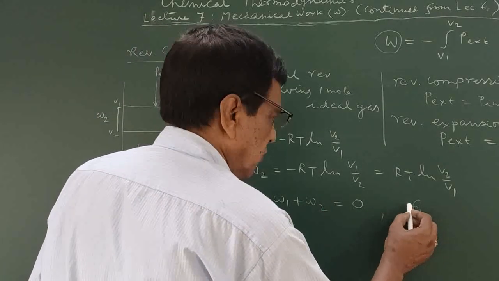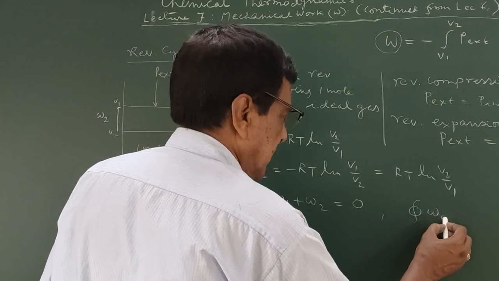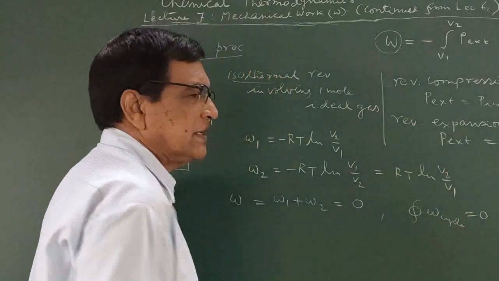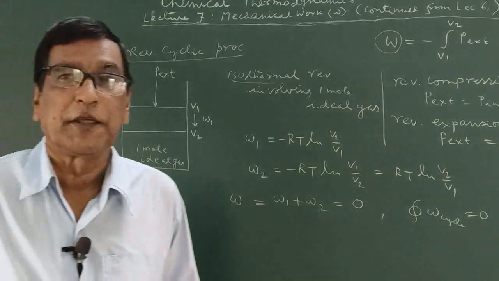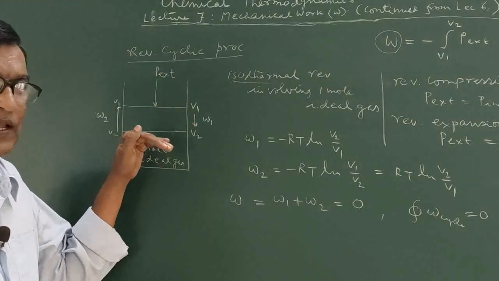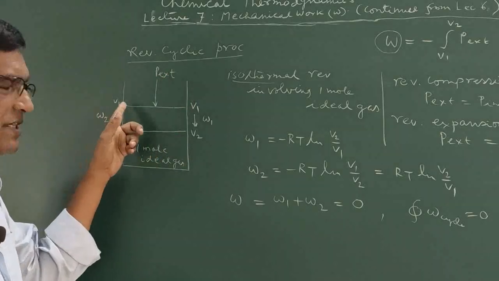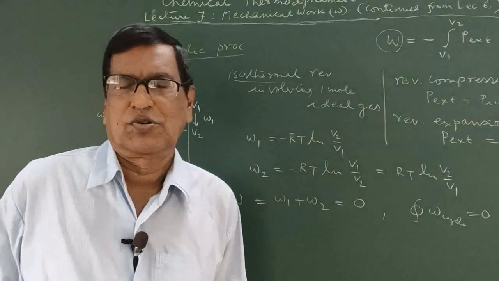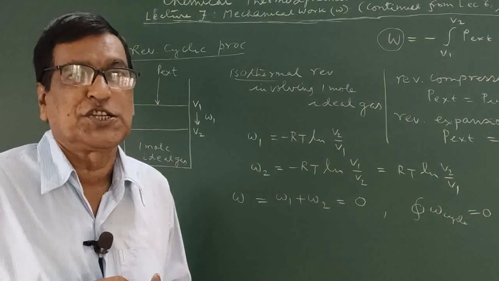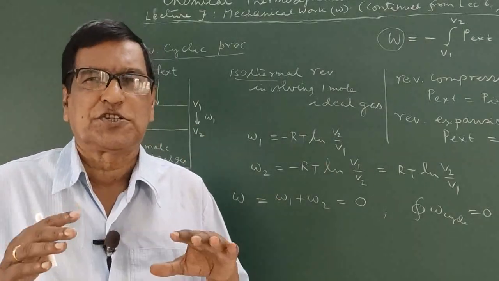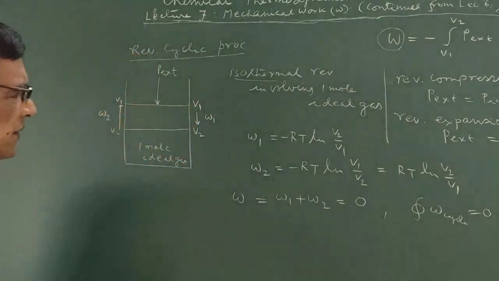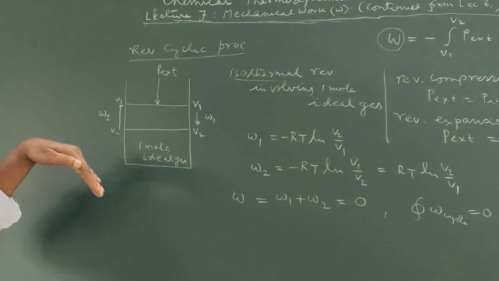For the cyclic process, W cycle equals 0. This is why it is called the reversible process. Means the system can be brought back to its initial state without the requirement of any external agency or external work. And this is a very ideal process.